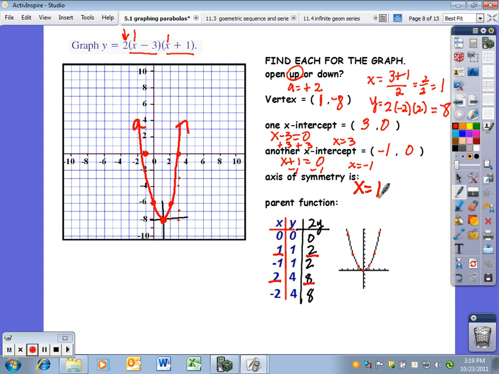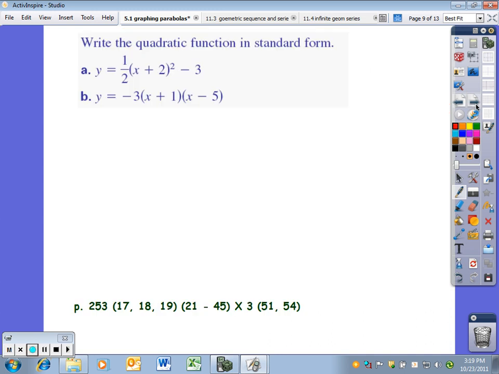So now you should be able to graph in standard form, vertex form, and intercept form. Again, let's just review those quickly.